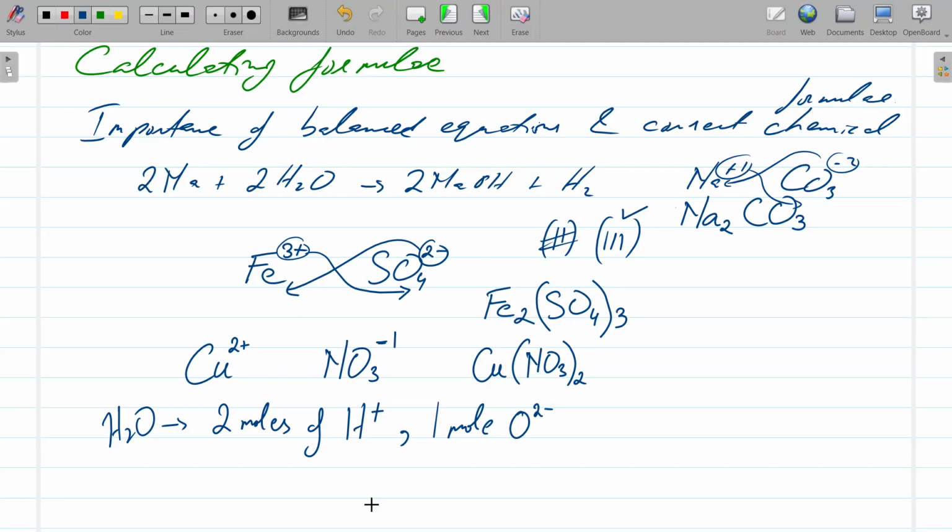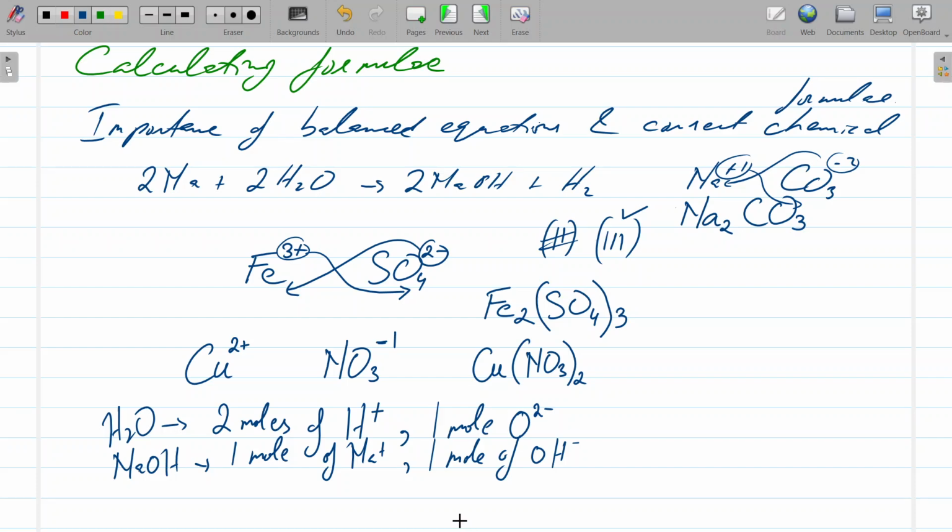Right? Okay. In NaOH that we have in that equation, you have 1 mole within the molecule itself, for the compound itself. What we were talking about was the equation as a whole, but within that you have 1 mole of sodium ions and 1 mole of hydroxide ions.